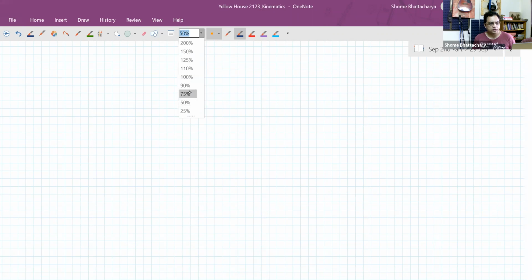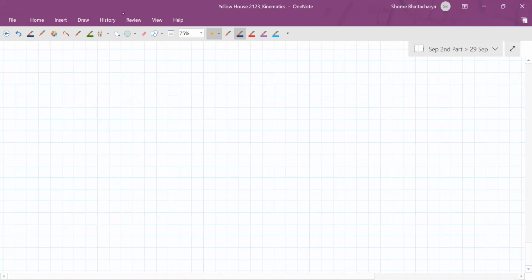So next up, let's look at the concept of relative velocity.